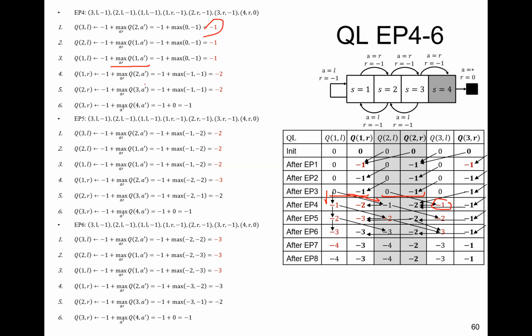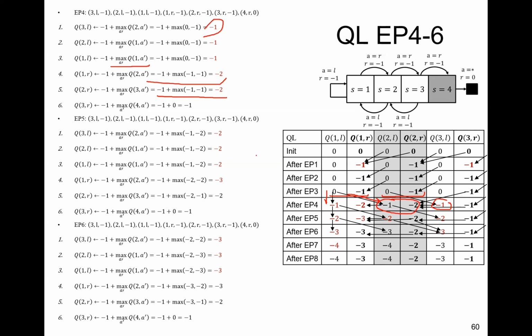And Q1 right bootstraps off Q2, the max of these two, which is -1. So it's -2 here. And Q2 right is this.